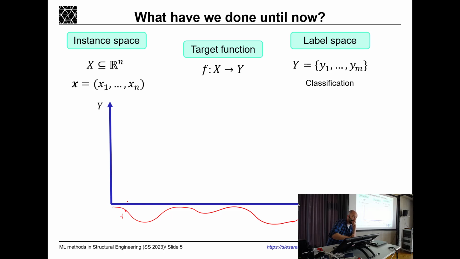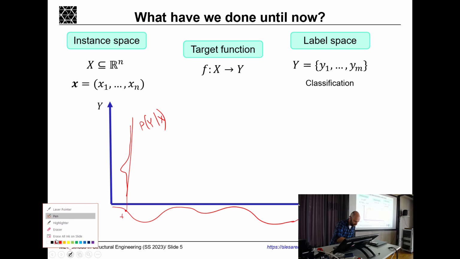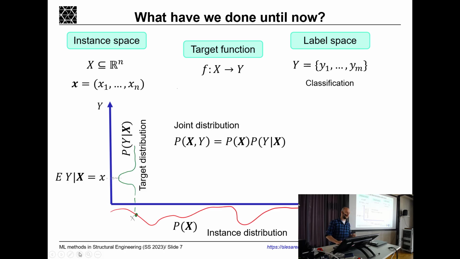And now, for this value x, I have some probability of the label y assuming x. Okay, I probably will switch to the next slide. It will be better. It will be faster.